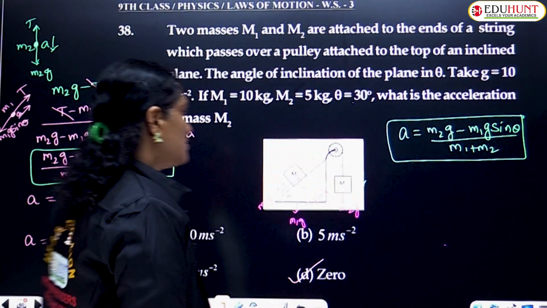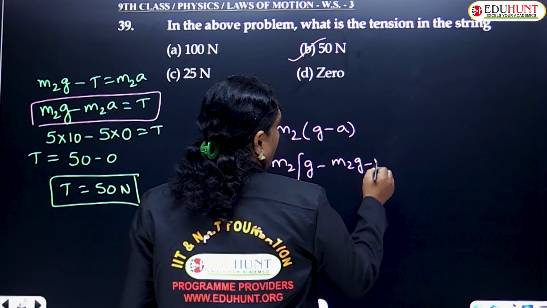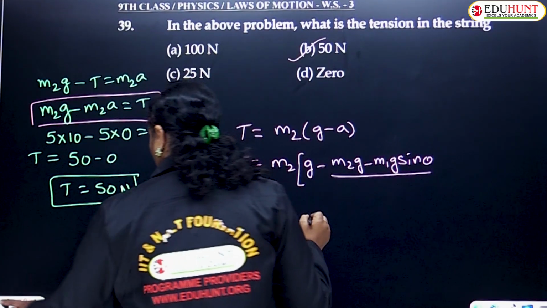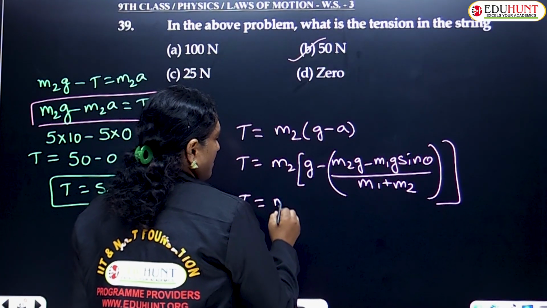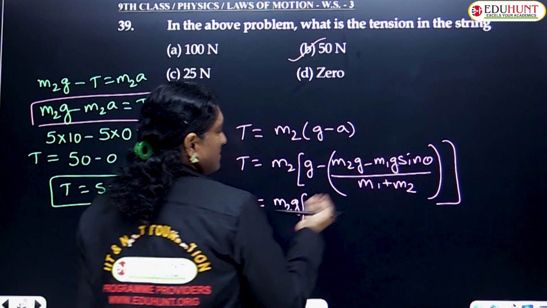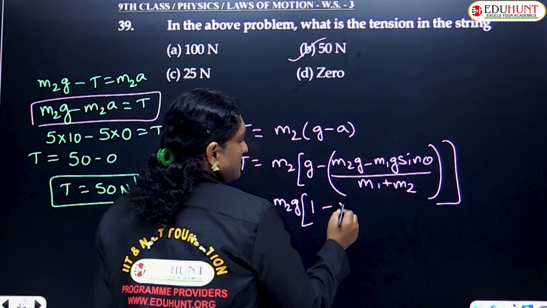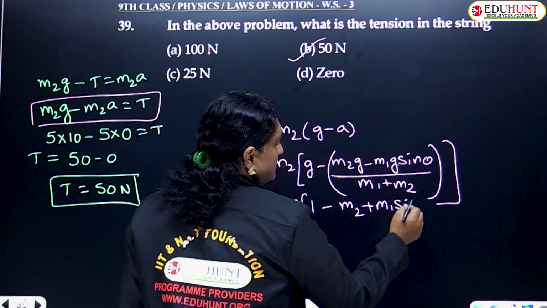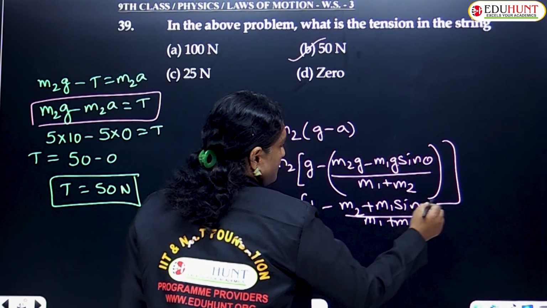This is m2g minus m1g sine theta. Here you have g as common, so take g as common. Then we get m2g times, 1 minus, taking inside, minus m2 plus m1 sine theta, whole upon m1 plus m2.